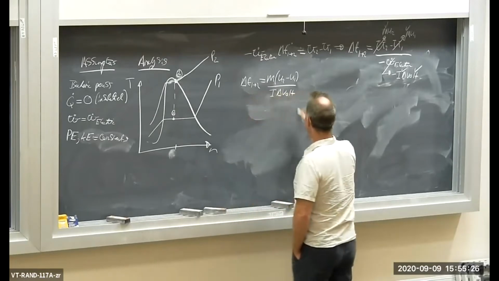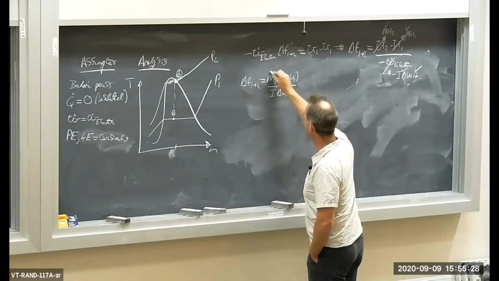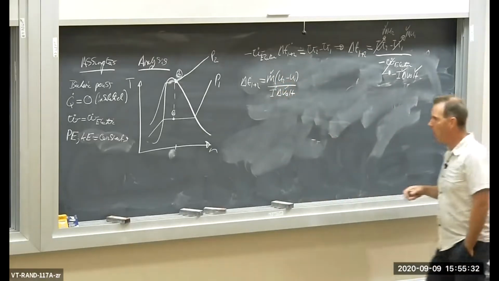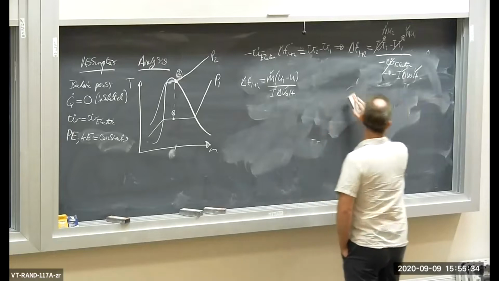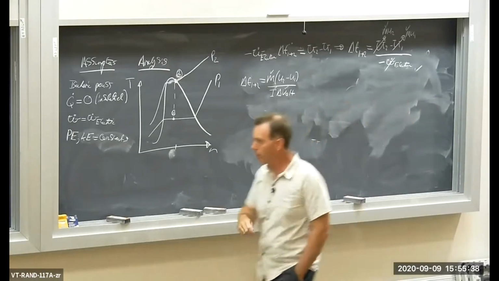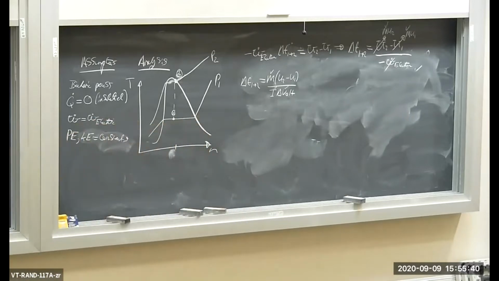And again, I have delta voltage, I have current, I have the mass. I need to find U1, U2. Okay, let's see how we're going to do that.